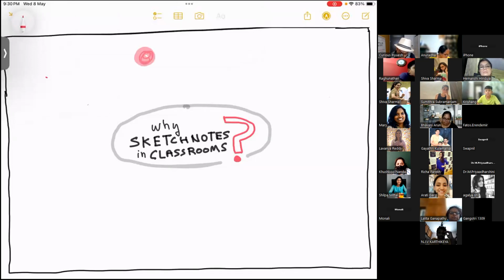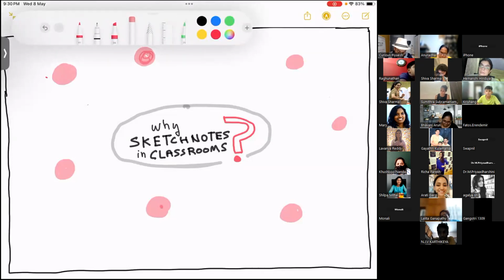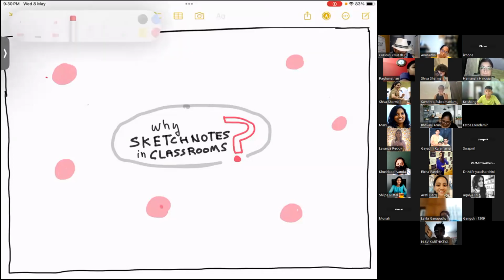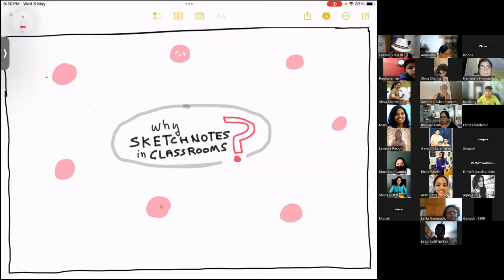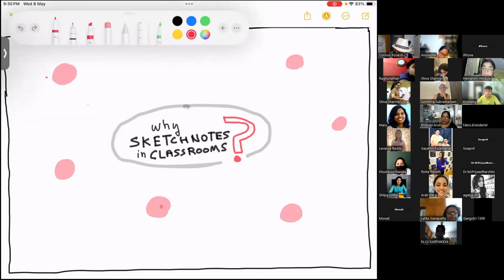So maybe I will write 1 point here, 1 point here, 1 point here, 1 point here. So now I have already managed my space, and I'm taking the benefit of using an electronic pad because now I can delete things. So yeah, or maybe this was better because I have to write things.